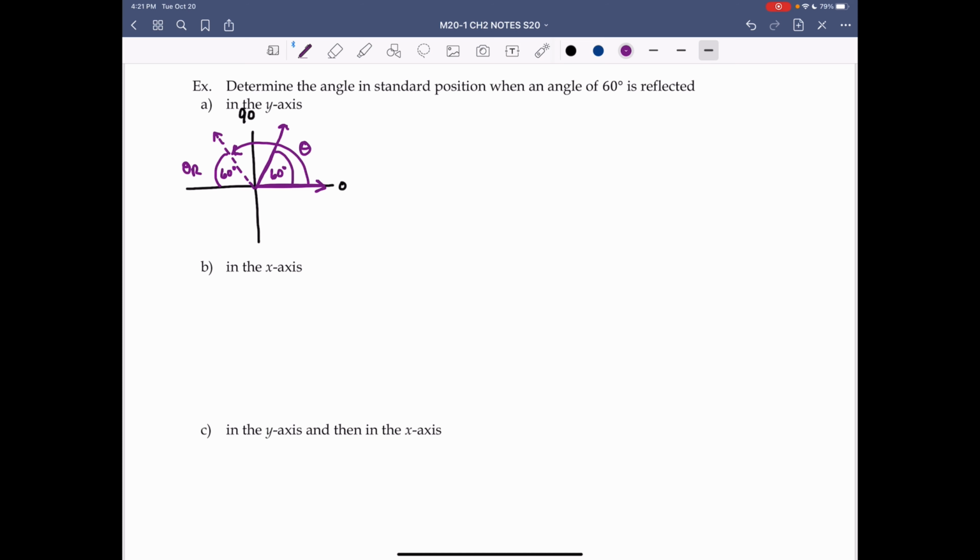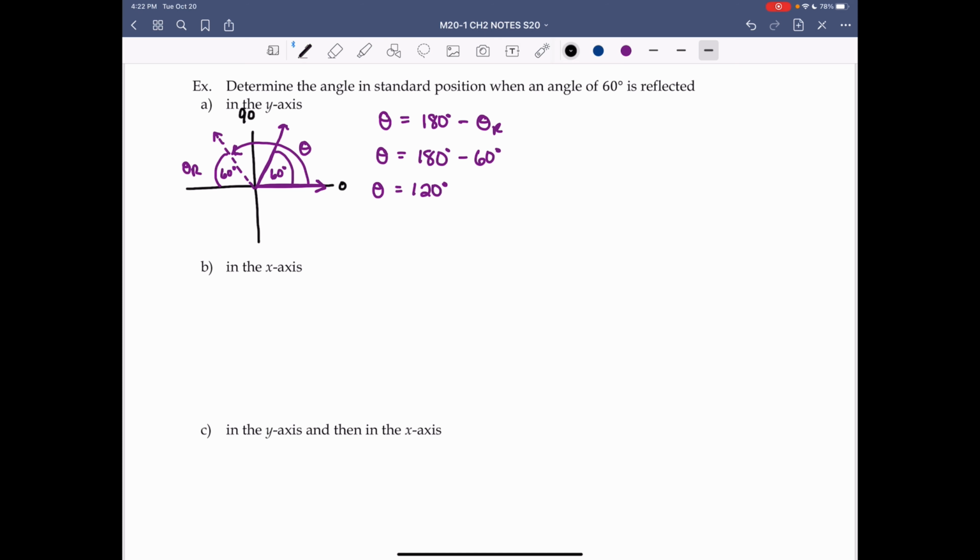We know theta r, and for an angle that has a terminal arm in quadrant 2, theta plus theta r has to equal 180. So theta equals 180 degrees minus theta r, which means theta equals 180 degrees minus 60 degrees, which means theta equals 120 degrees.